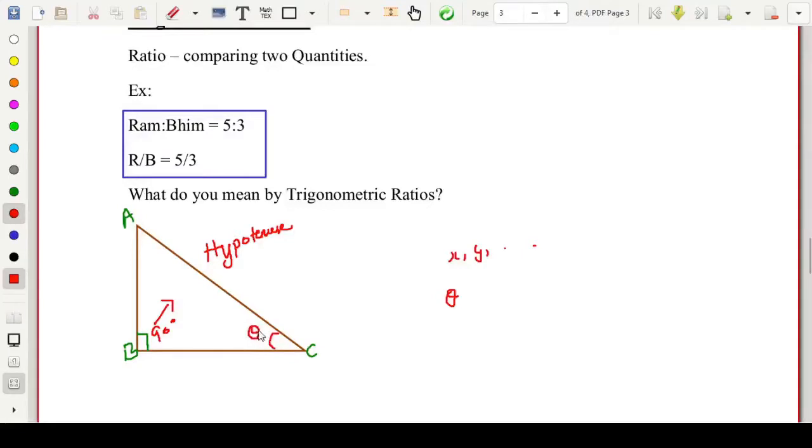Now, the side which is opposite to theta, we call the opposite side. The side which is next to theta is called the adjacent side.